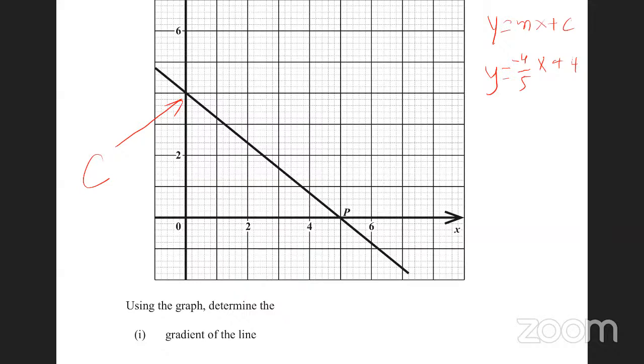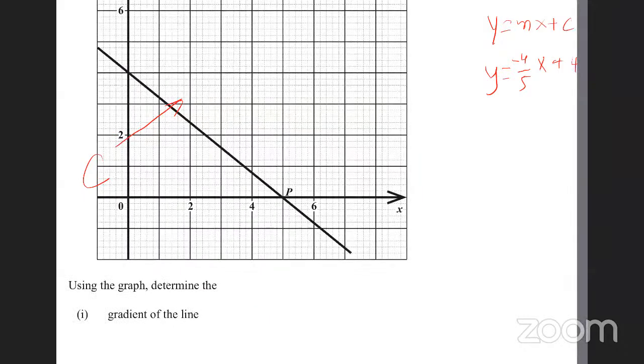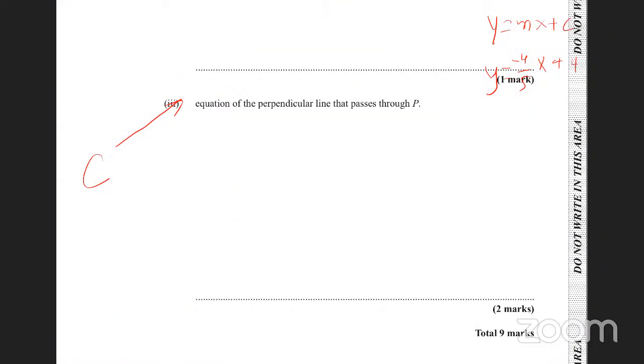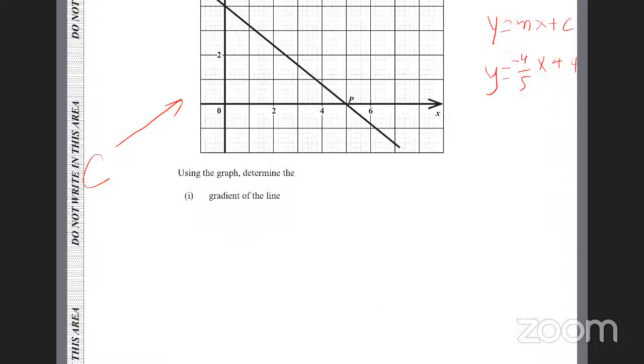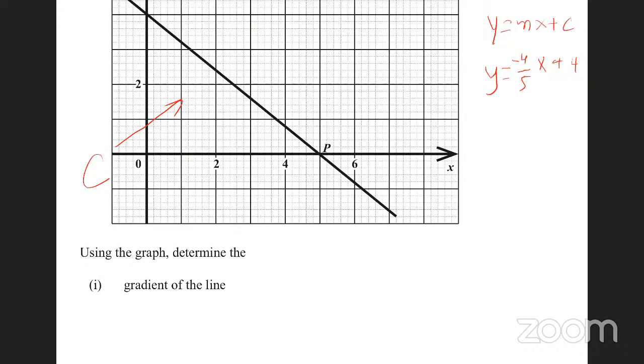Right, last part. They want the equation of the perpendicular line through P. So you want the equation of the perpendicular line. Perpendicular is like this, right? Anybody remember, what will be the gradient of this new line?